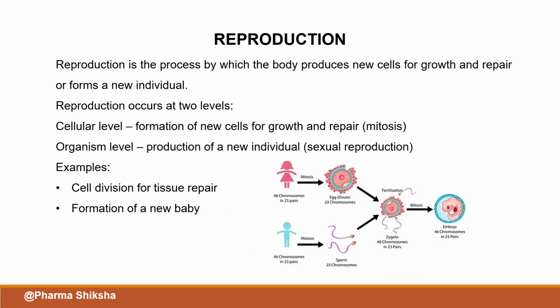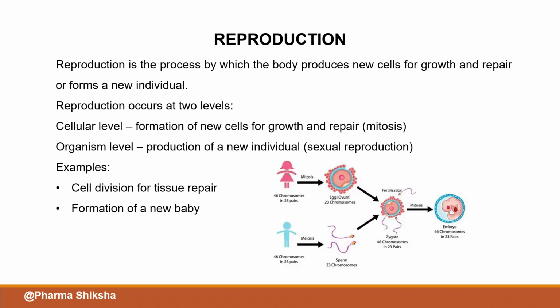So reproduction is the final one. Reproduction is very important for the formation of a new progeny. In reproduction, there are cellular level changes and organism level changes. Mitosis means new cell formation or development of new cells. For example, skin is an example of that. And at the organism level is sexual reproduction, that is meiosis, a reductional cell division.